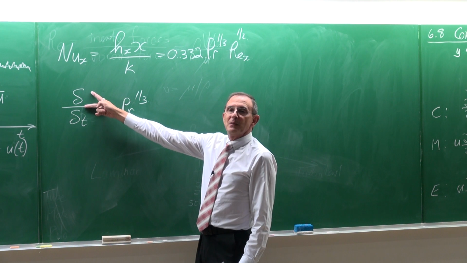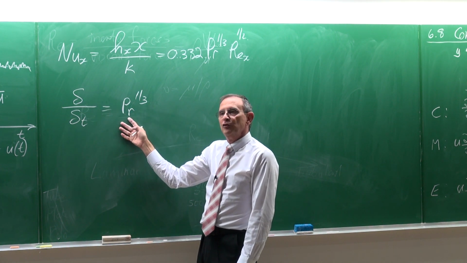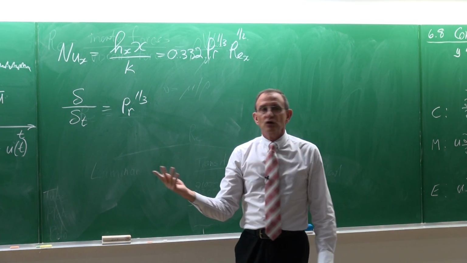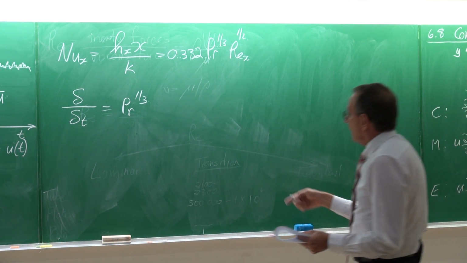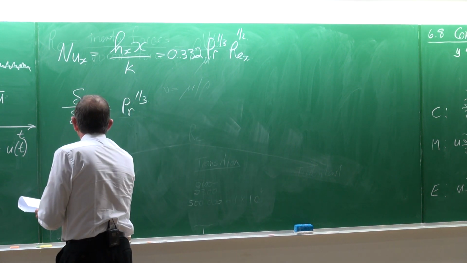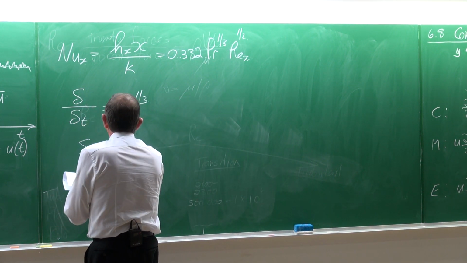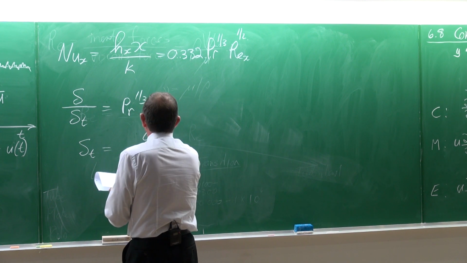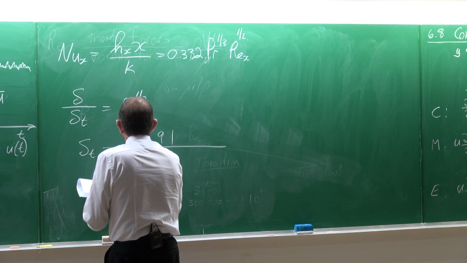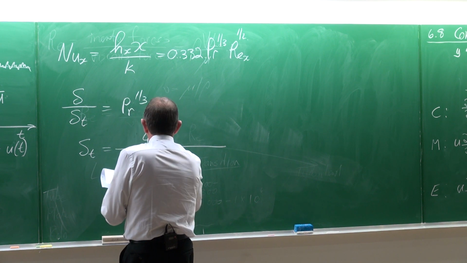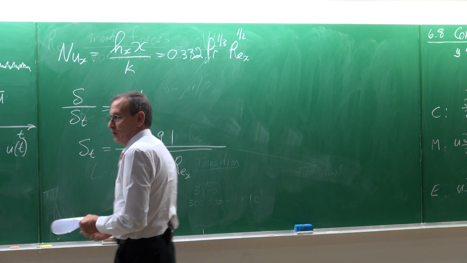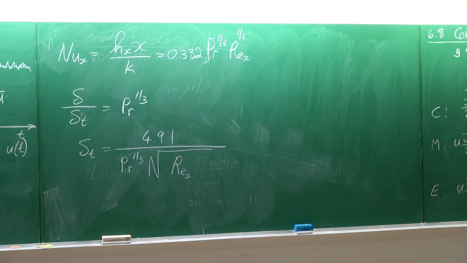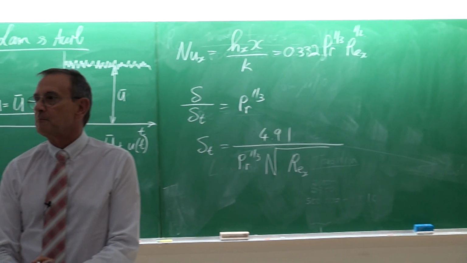So if you've determined the velocity boundary layer and you've got the fluid characteristics, you can determine the thermal boundary layer thickness very easily. And the result of that is then also that in general your thermal boundary layer thickness can be written as 4.91 divided by Prandtl to the third, square root of the local Reynolds number. And why it is the local Reynolds number, that I'm going to do with you in the next lecture, and it will become more clear then.